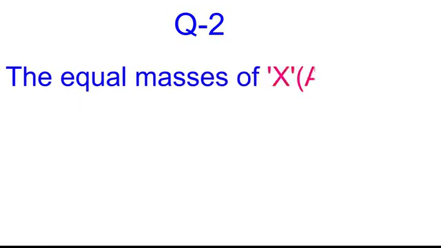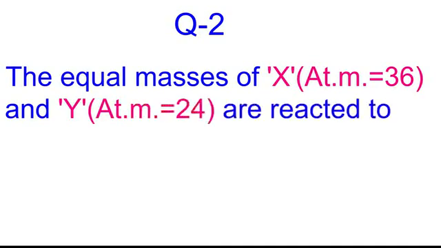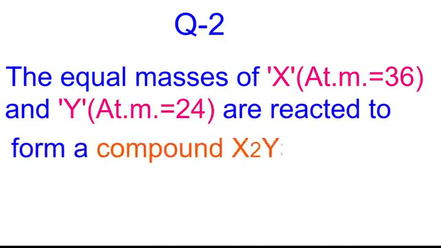Next, number 2: equal masses of a substance X, whose atomic mass is given as 36, and Y, whose atomic mass is 24, react to form a compound X2Y3.